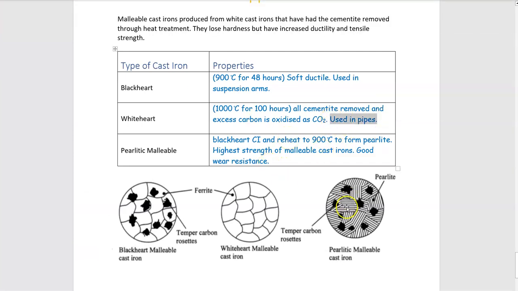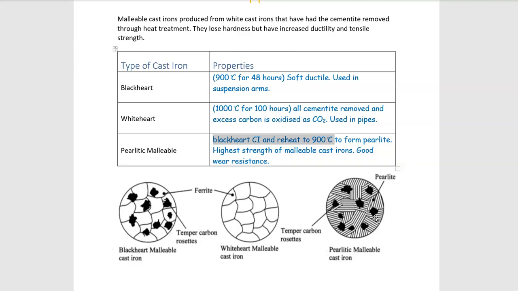Then we have pearlitic malleable, so it's got pearlite here in malleable cast iron. It's the same as black heart, but what we use is black heart cast iron, then we reheat it. So it's actually its third form. This is the Dragon Ball reference, right? Some villains have three forms, and I mean, Goku has like six forms as he goes through the different levels of Super Saiyan.